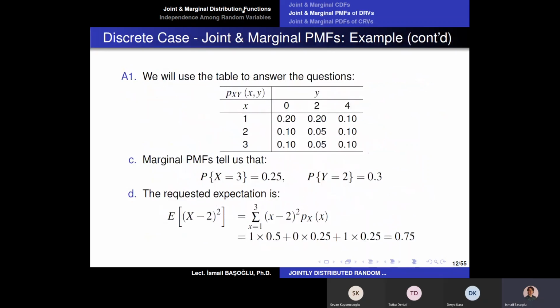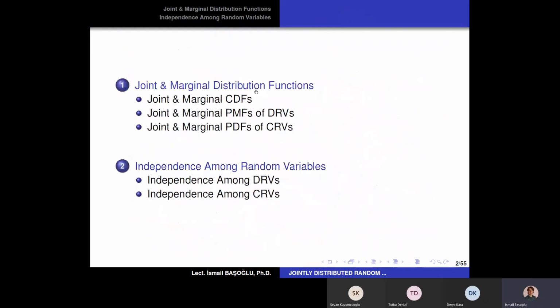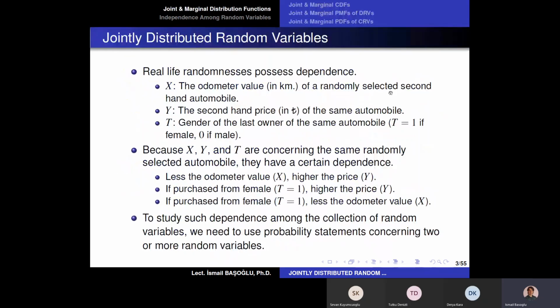chapter, we were talking about a randomly selected automobile, and the odometer value of this automobile and the second-hand price of that automobile are two unknown random variables for us. So we can see the automobile, maybe we can predict it, but we cannot be sure about the second-hand price and the odometer value of that automobile because we do not know many things.